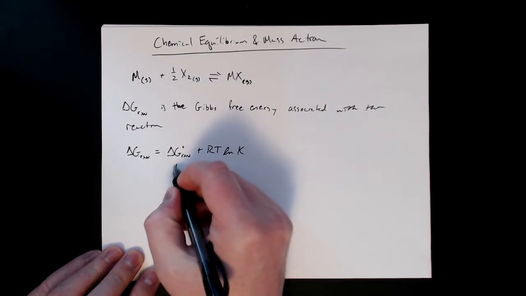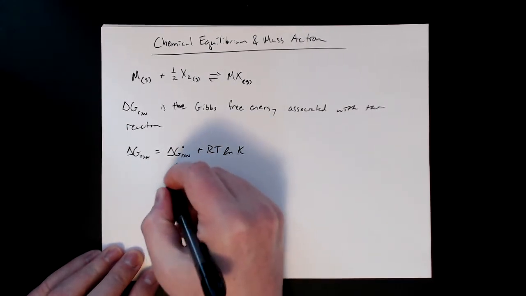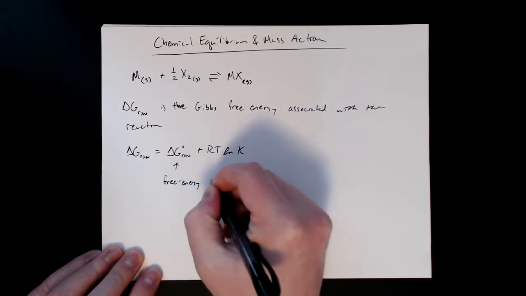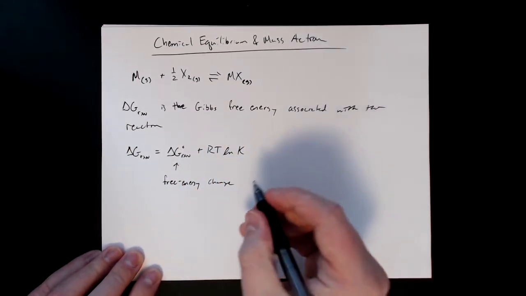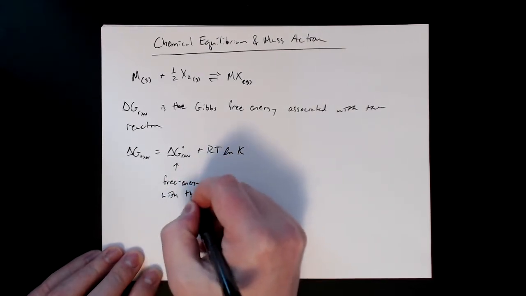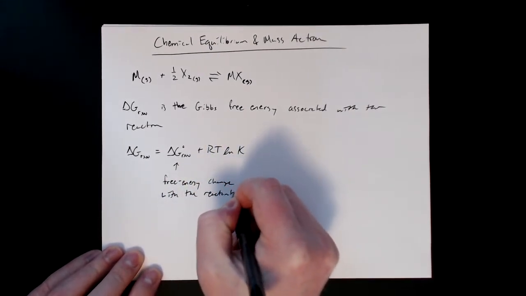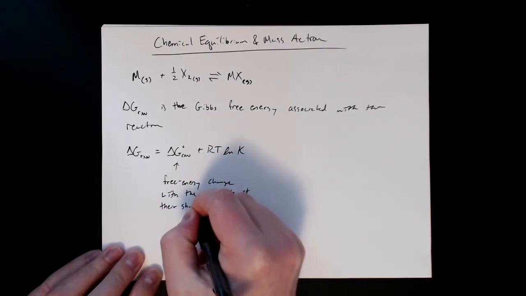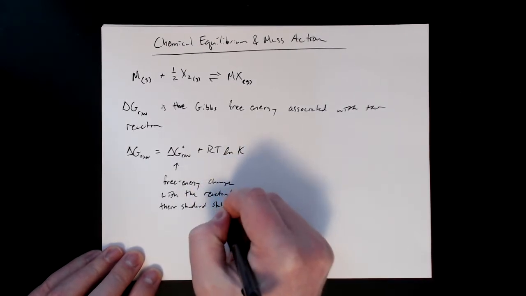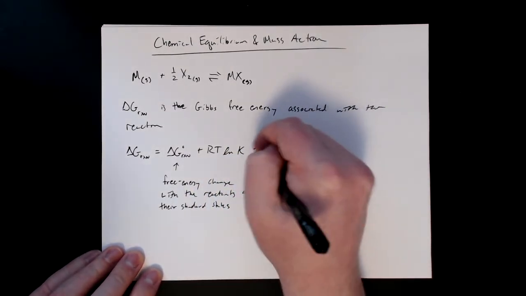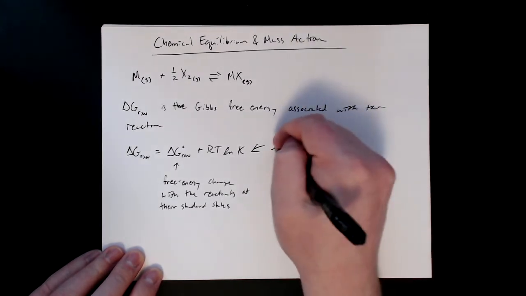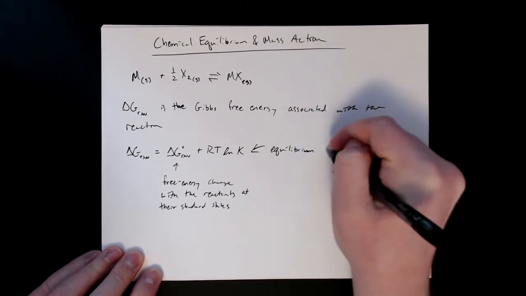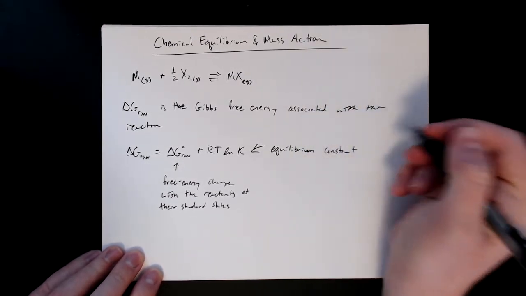So just a refresher, this is going to be the free energy change with the reactants at their standard states. And K here, this is known as the equilibrium constant for the reaction.